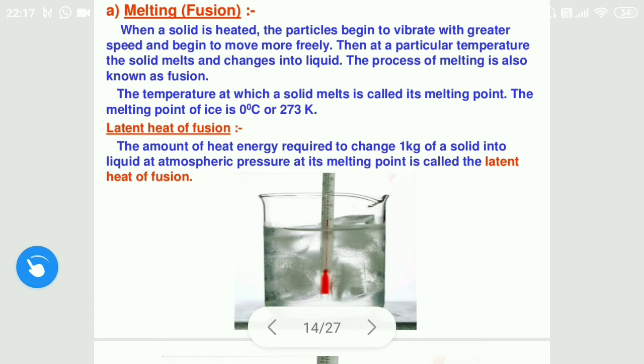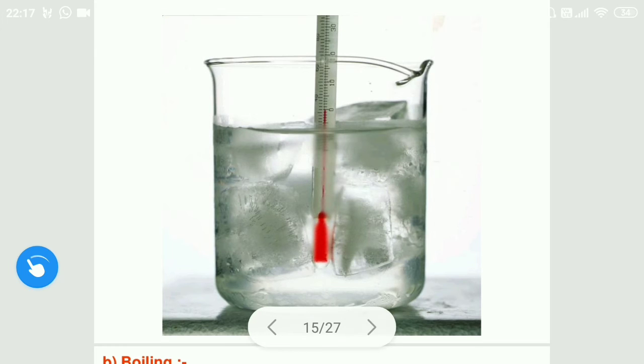The unit of latent heat of fusion is joule per kg, that is energy required divided by mass of solid. This is an example of the same.